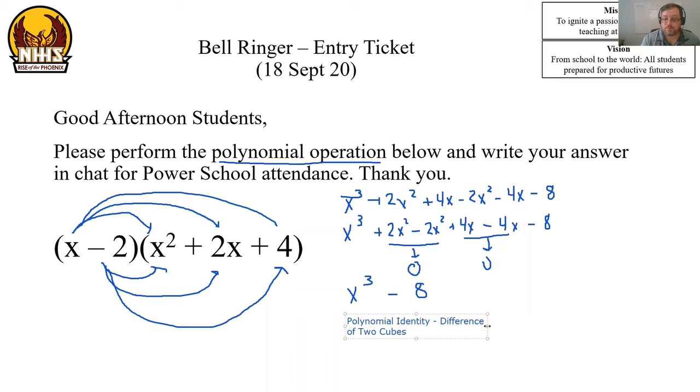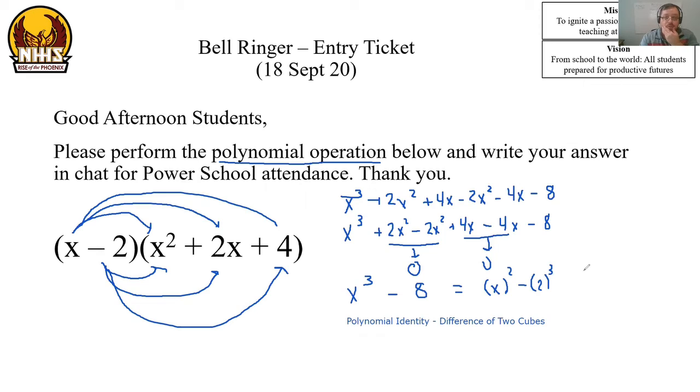The difference of 2 cubes. And you can see it right here. Here's a cube. If I took my drawing, this is the same thing as x all cubed minus 2 all cubed.